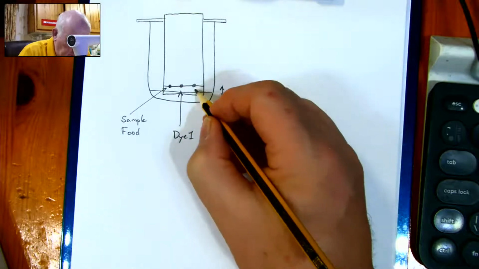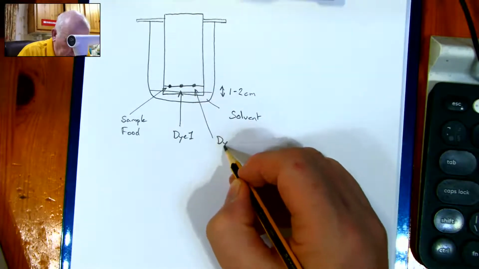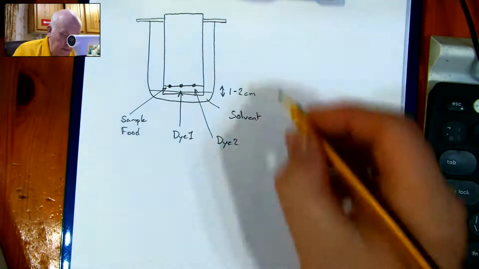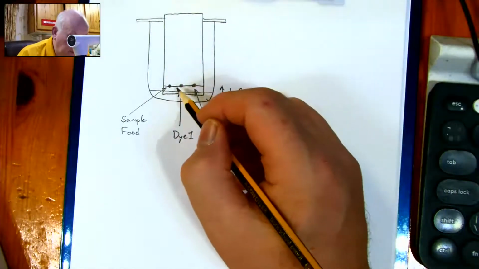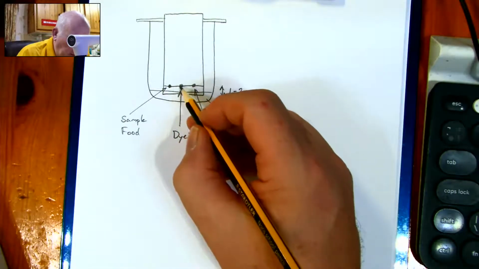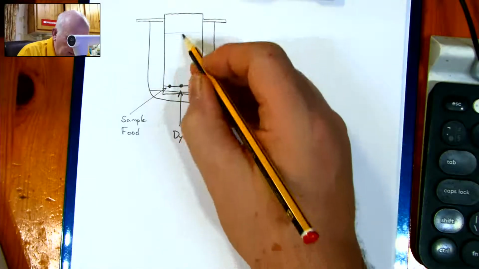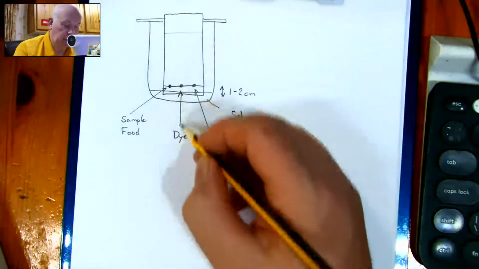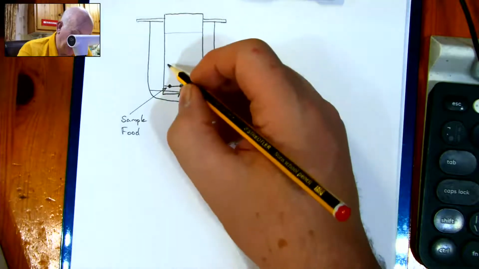So dye 1, and here we've got a dot for dye 2. We put this in, we leave for a while, and what happens is the solvent moves up here. We want to get as much separation as we can, and I can't tell you how long to leave something because you're waiting till it nearly gets to the end.